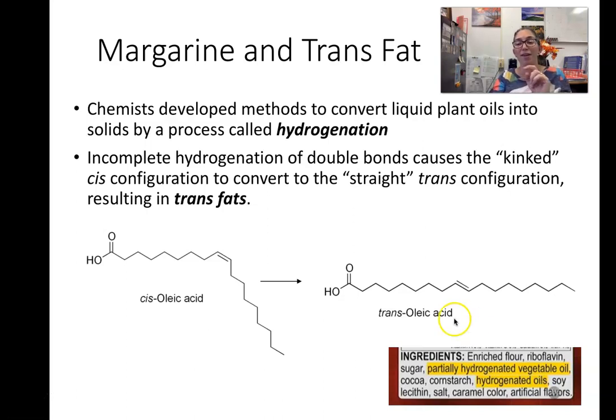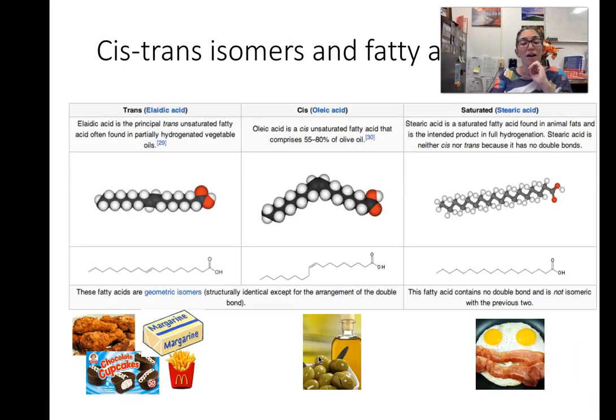They have been more or less outlawed by the FDA, so many food companies have removed them entirely from their foods, but some do still sneak them in, and just at small amounts so that they can still say there are 0 grams of trans fats. The foods that you find trans fats in, margarine used to be a big source, now less so.